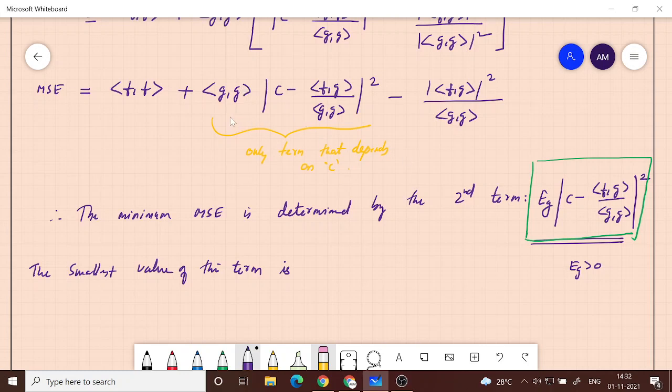Because E_G, that is G inner product with G, is giving you the energy of G of t, that is positive. Modulus square is positive. So the entire second term is positive. What is the smallest value possible for this term?